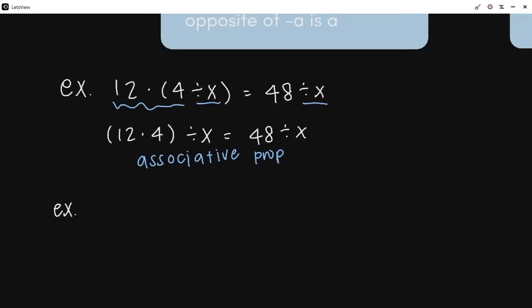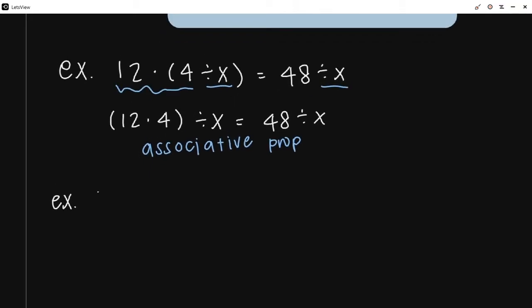Okay, next, if we have 6x plus 5 plus 3x equals 9x plus 5.